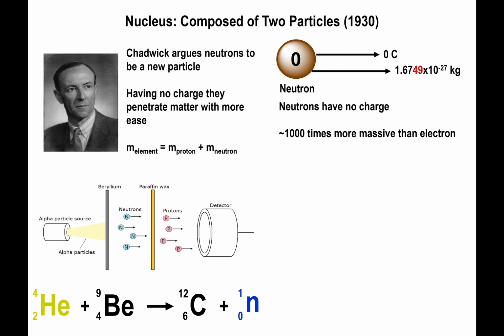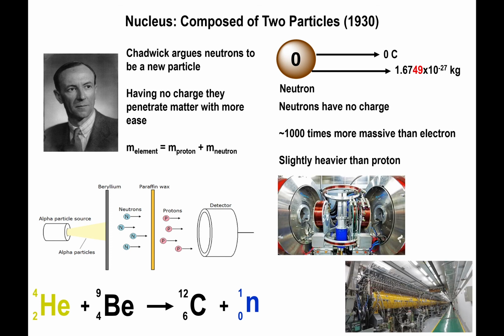So this shows that it is not only more massive than the electron, but roughly the same mass as the proton. That's the reason you had about twice the mass as the number of protons: you have about a 1-to-1 amount of protons and neutrons, although that changes a little as the element gets bigger and bigger.